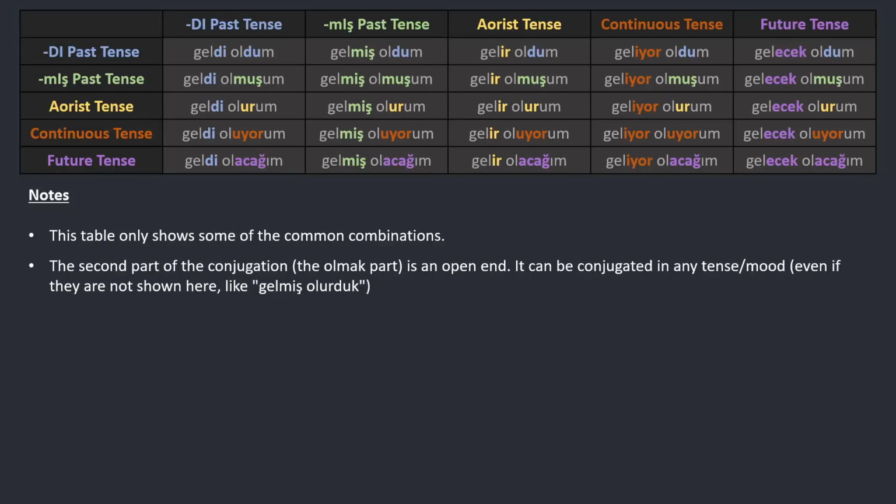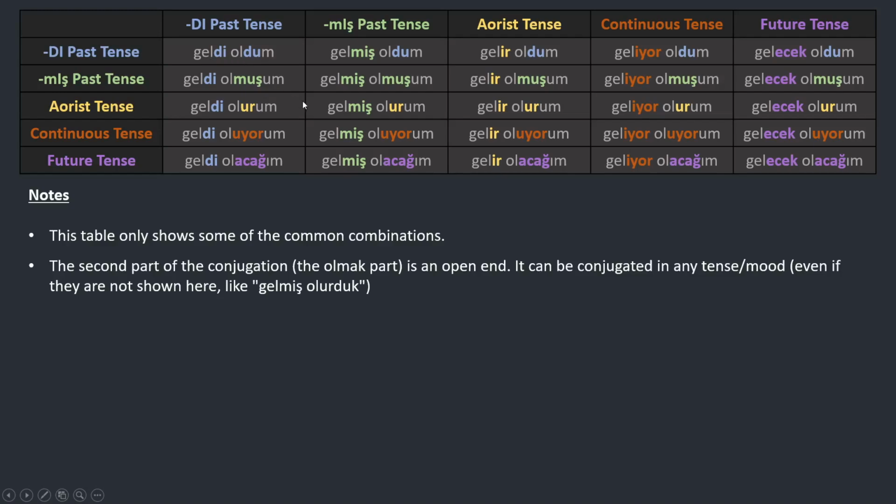First, let's have this table. You can see on the columns here we have the mIş, aorist, continuous, future. These go on the main verbs, and then these ones here on the lines are for olmak. So first you can put a d suffix on the verb, and then you can put a d again on olmak.